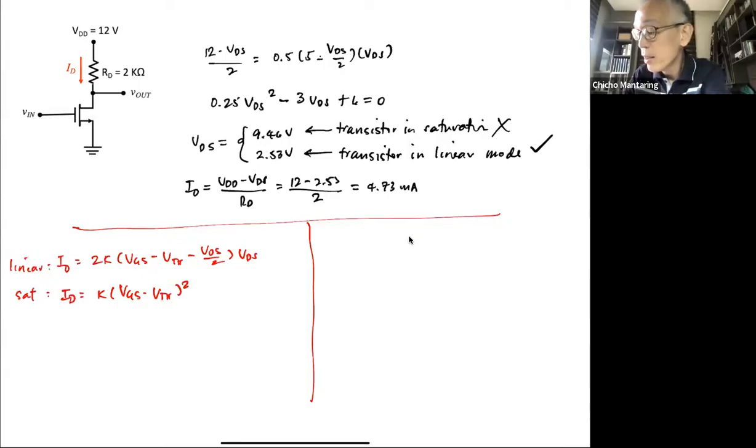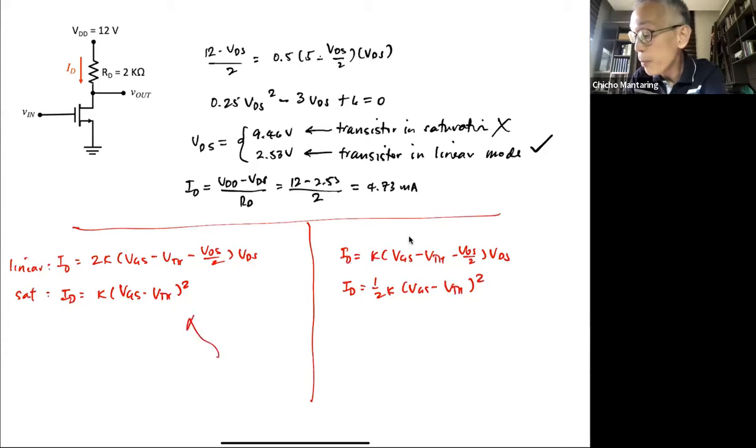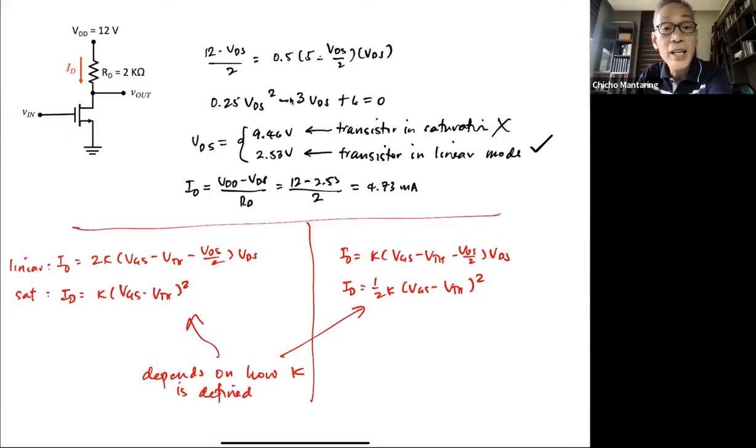And then some books have it this way: ID is equal to K times VGS minus VTH minus VDS over 2, times VDS, and for saturation 1/2 K times VGS minus VTH squared. So it really depends on how K is defined. In some books, they define K such that these are the constants. In other books, they define K such that these are the constants.